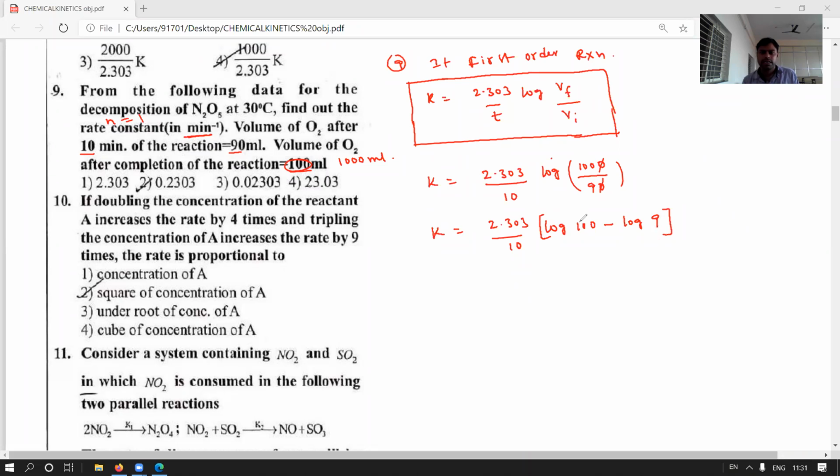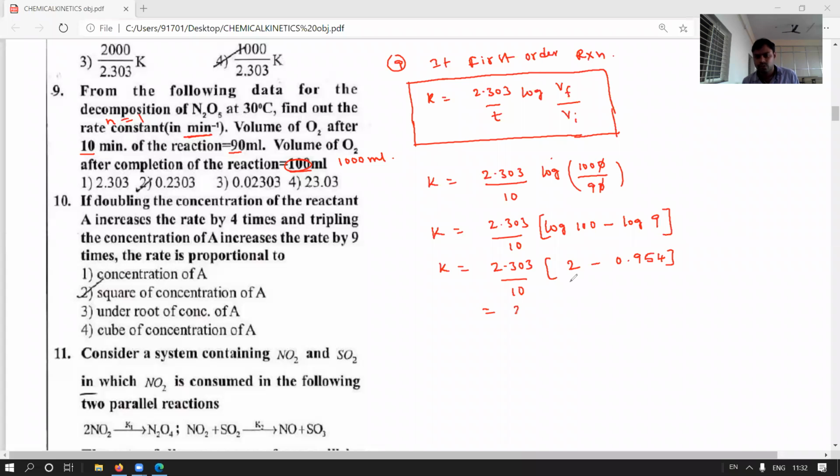Okay, it's very clear. Now K is equal to 2.303 by 10 into log 100, which is nothing but 2, minus log 9, which is nothing but 0.954.